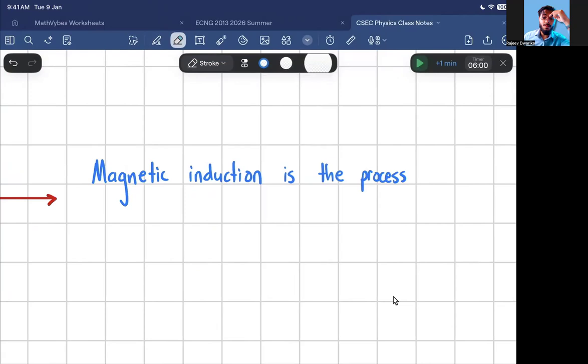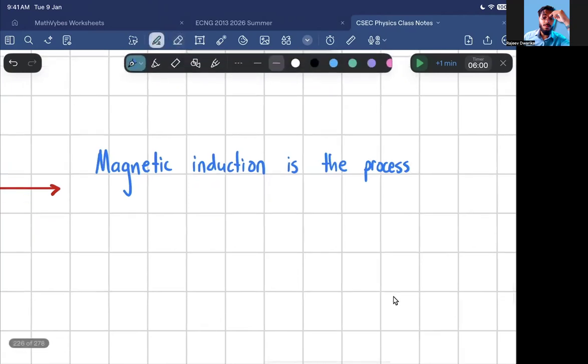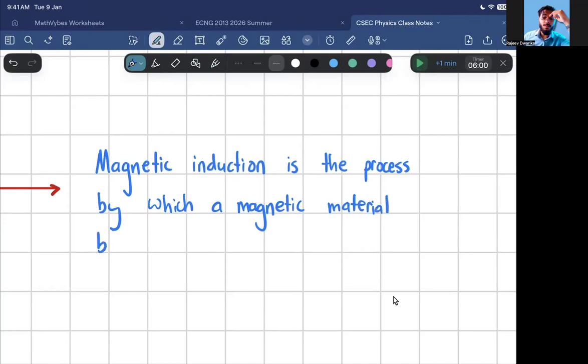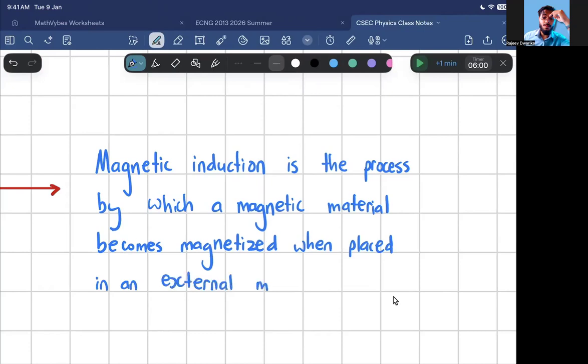So magnetic induction is simply the process by which a magnetic material becomes magnetized when placed in an external magnetic field.